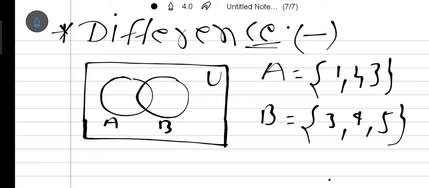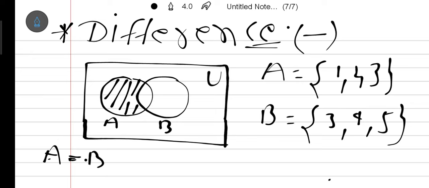Now see what difference means. If I write A minus B, it means we'll cut out the part of B from A.